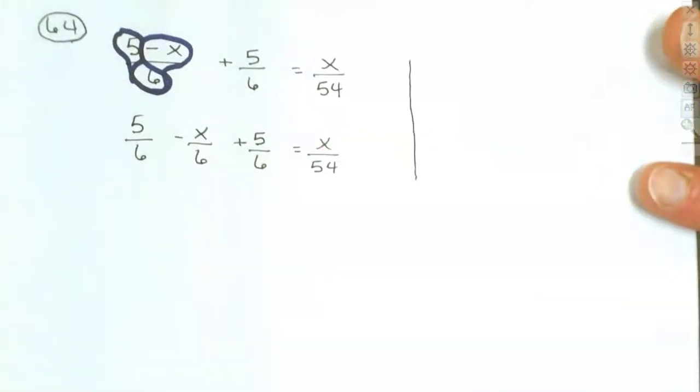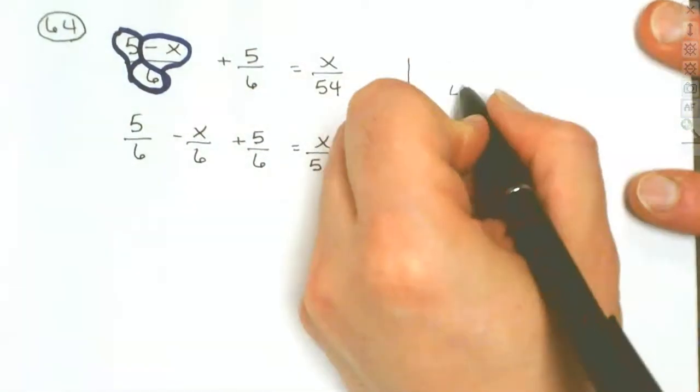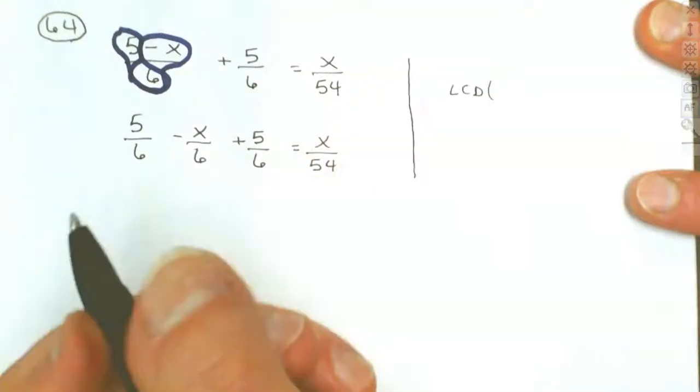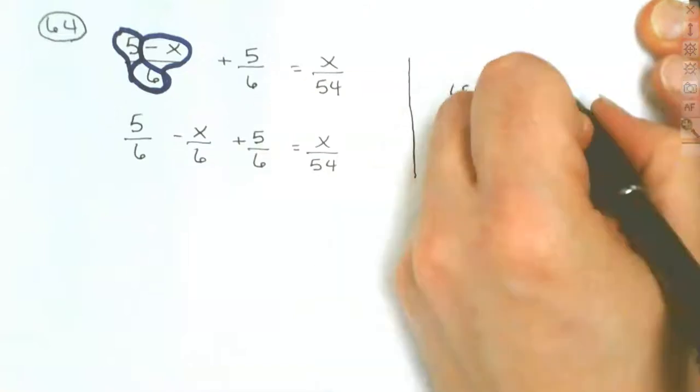A lot of times, too, you'll see me divide my paper, and this will be my work on the right-hand side. The problem will actually be on the left. Now, the least common denominator of 6 and 54 would be 54.